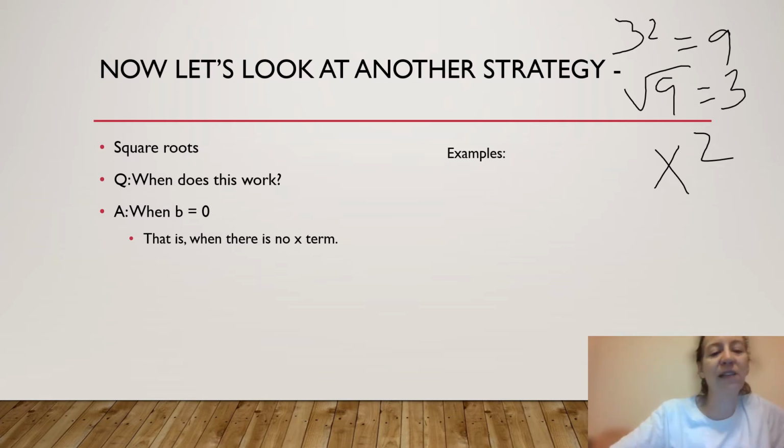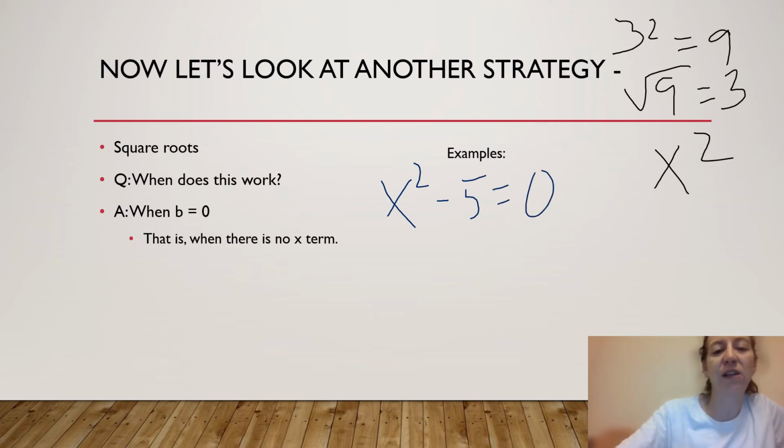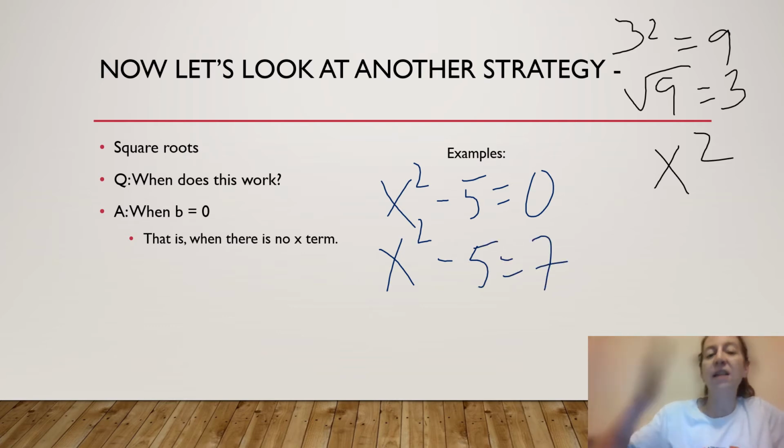So here are some examples of equations that you could solve with square roots. So I think I just had one like this. All right, so x squared minus 5 equals 0. X squared minus 5 equals 7. Okay, that would also work. Now you would have to move some stuff around a little bit, but you will notice as long as there's no x term, you're okay.